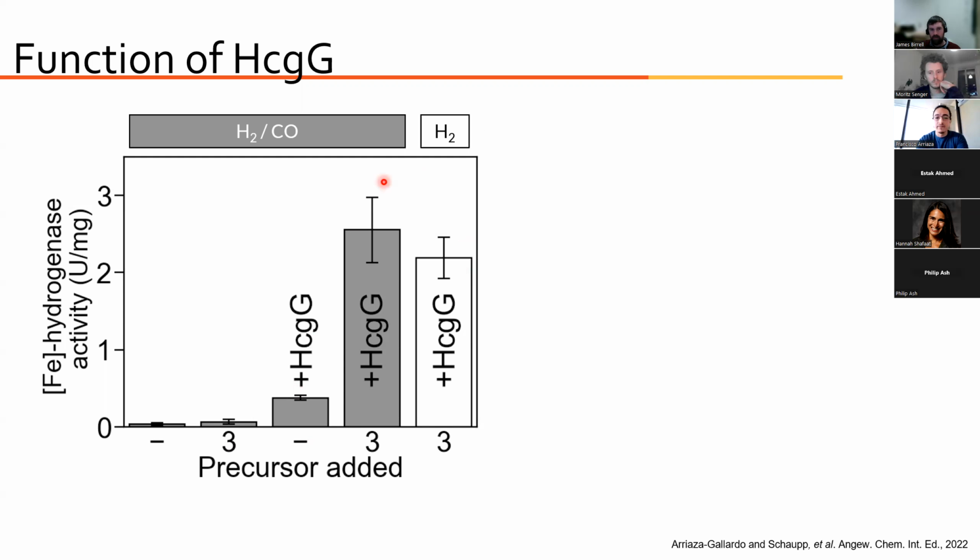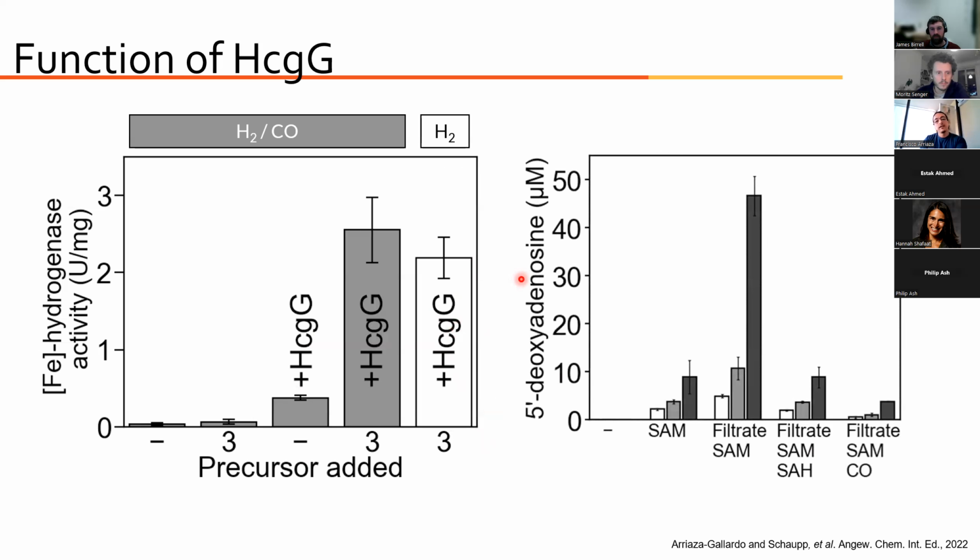So this was interesting because for the first time we could remove carbon monoxide as a substrate, and it hints that adding extra ACGG to the system produces the CO ligand. But analyzing the iron GP cofactor by mass spec is a bit hard. So what we did is, all of the radical SAM enzymes have a common mechanism in that they produce 5'-deoxyadenosine as a product.